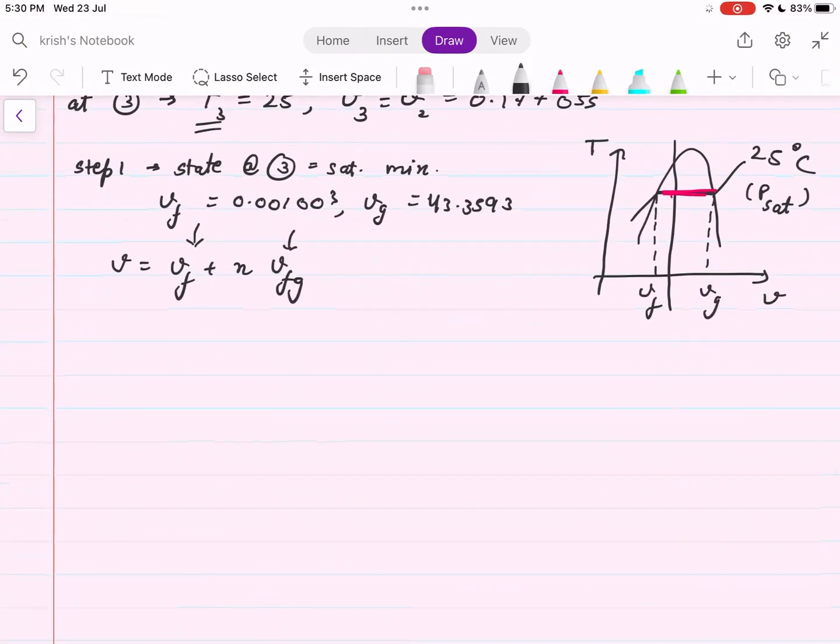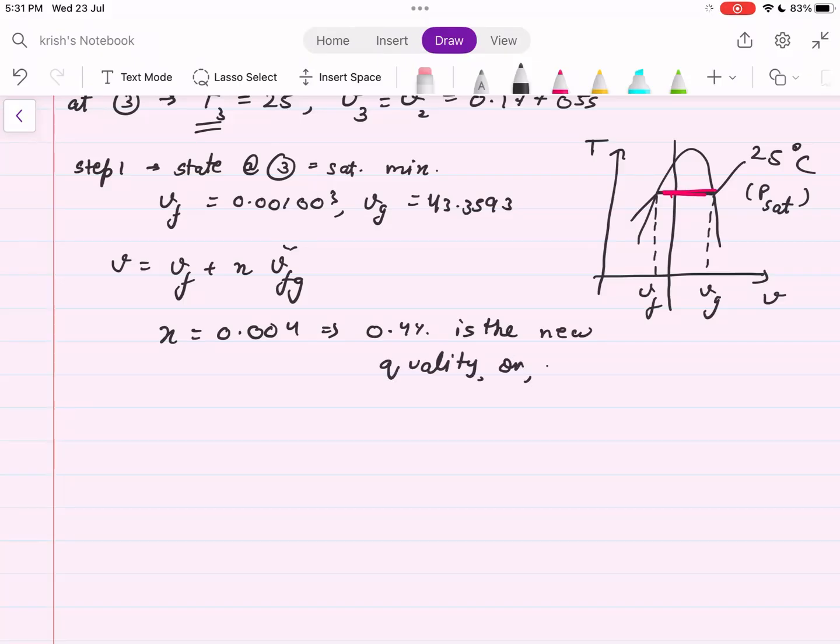So obviously as our state has changed, our values of Vf and Vfg will also change. So I want you to put the values of Vf and Vfg into this. After calculating, you will get x to be 0.004, that is, 0.4% is the new quality. So now the mixture is mostly liquid. It has cooled down from the gas phase and come down to be liquid.